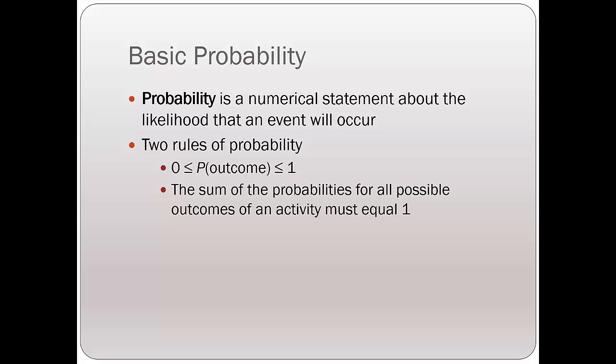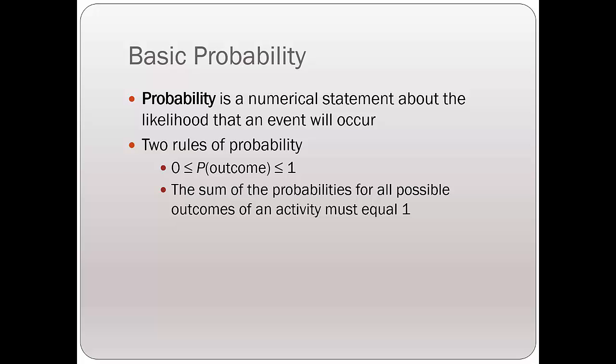For example, if you toss a coin, there are two possible outcomes, heads or tails, and you associate a probability for heads and a probability for tails, and when you add the two probabilities, it should be equal to 1 because those are the only two possibilities. Another example is a die. There are 6 faces to a die, so you have 6 possible outcomes and you assign probabilities for each one of them.